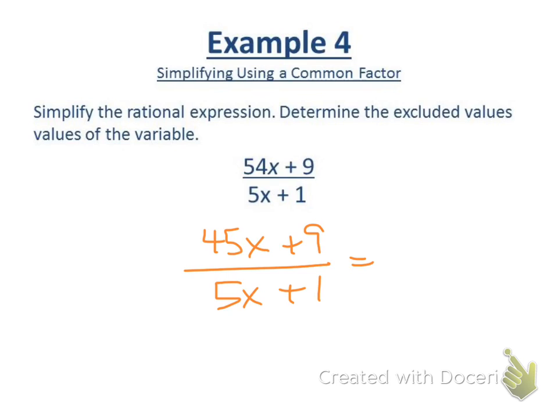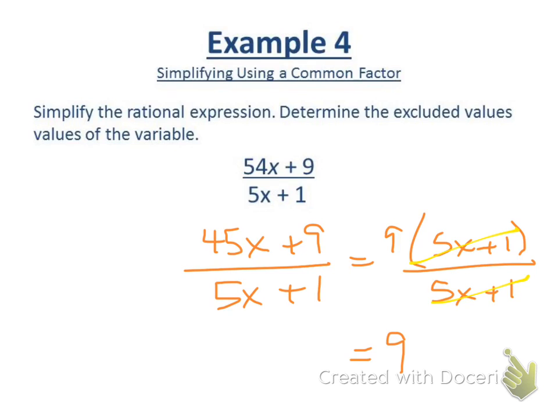Yes. What could we factor out of this? 9. 9 times 5x plus 1 over 5x plus 1. Now I have two common factors that can cancel, right? The 5x plus 1s can cancel. And this is equal to 9, as long as x is not equal to -1/5.